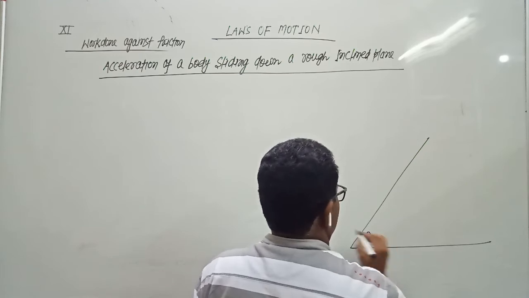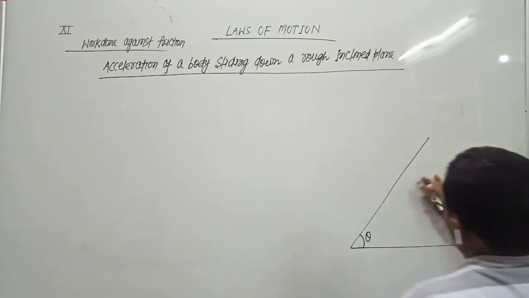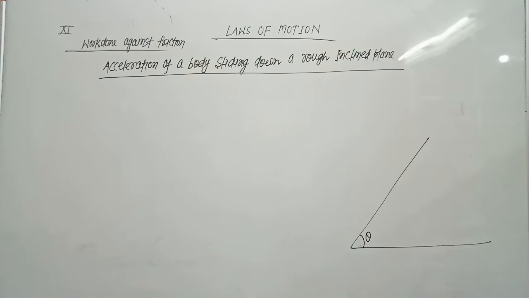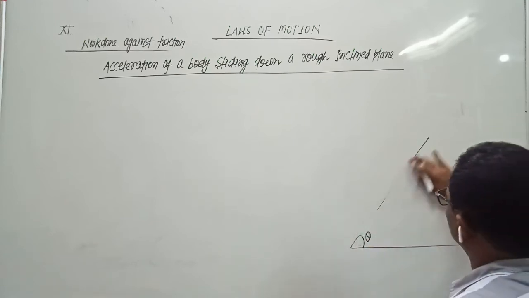There is a rough inclined plane. The plane is inclined at an angle of theta with the horizontal.